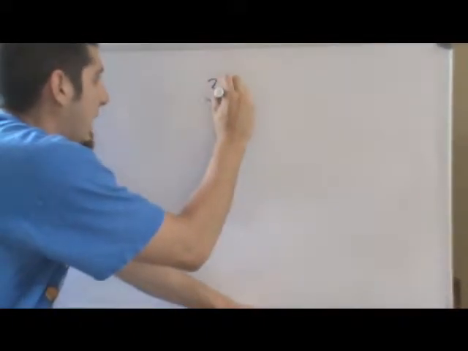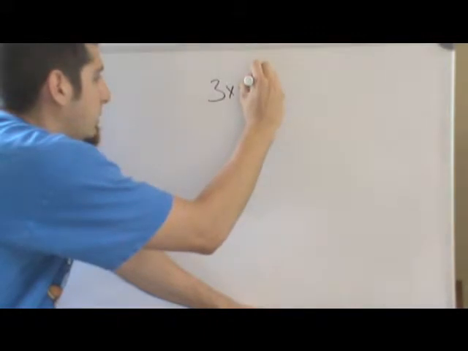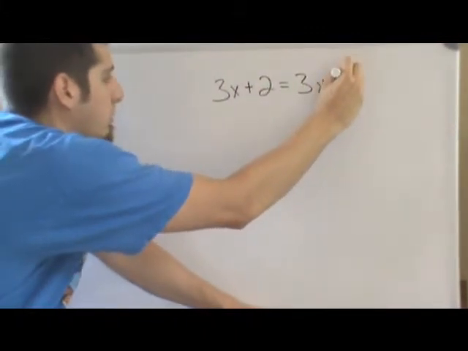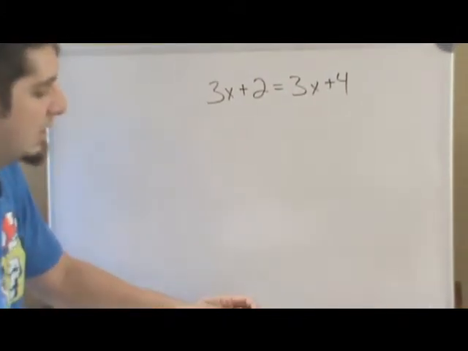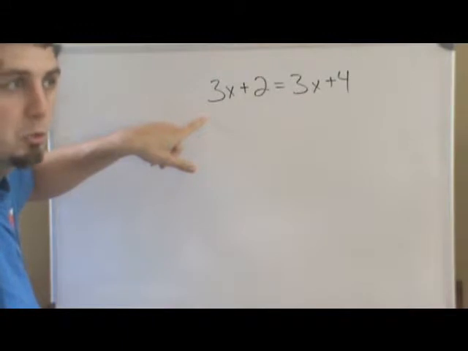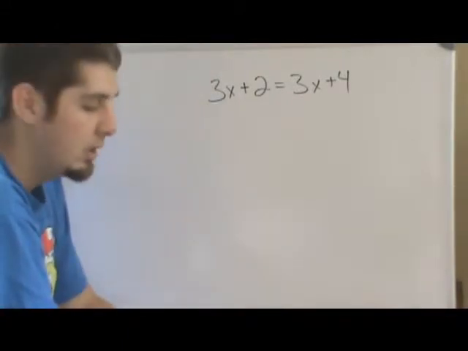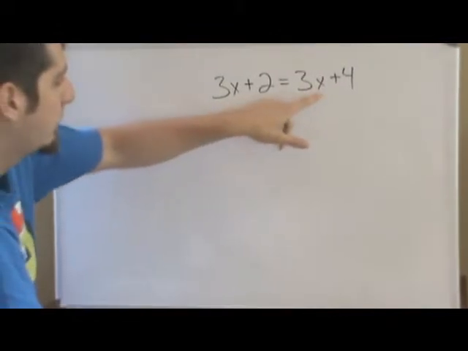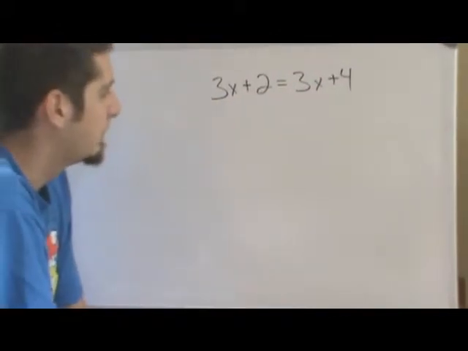So we're going to take a look at one of those equations right now. We have 3x plus 2 equals 3x plus 4. It is impossible for this equation to have a solution if you just take a look at it. The variables are the same. We have 3x on both sides.